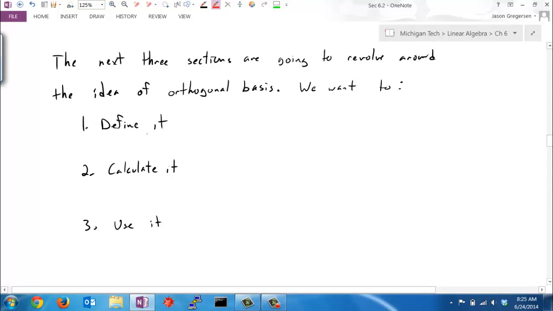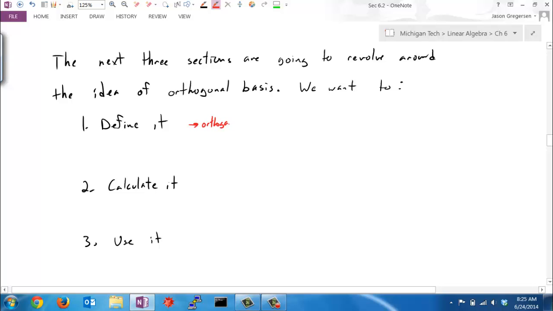So we'll start off with some definitions, and I love definitions, almost as much as proofs. But these definitions aren't going to be too bad. So we're going to start off by defining what an orthogonal set is.